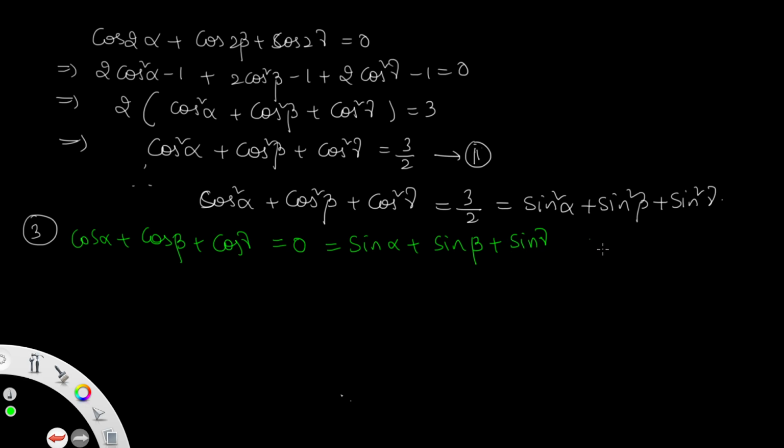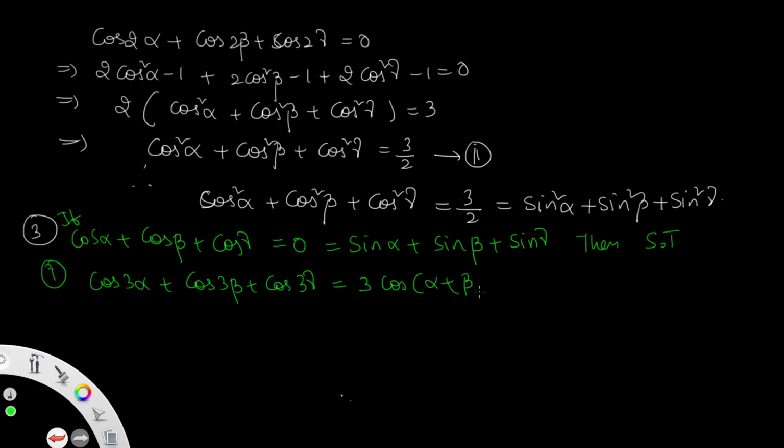Then show that cos 3 alpha plus cos 3 beta plus cos 3 gamma equal to 3 cos of alpha plus beta plus gamma. That is the first bit.